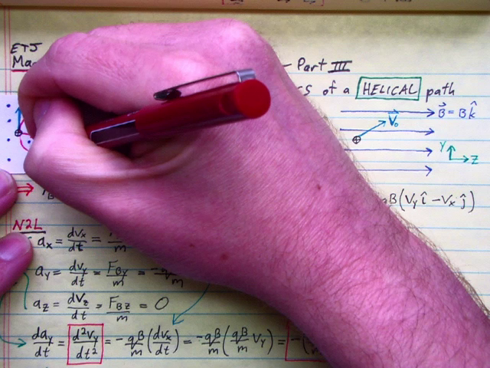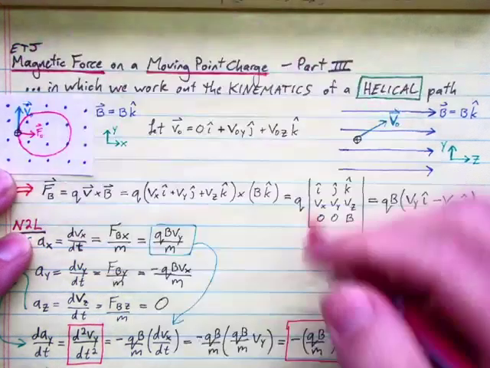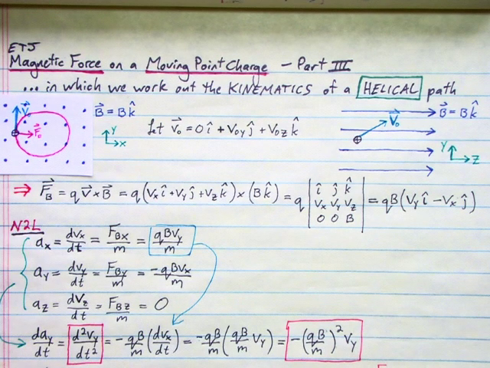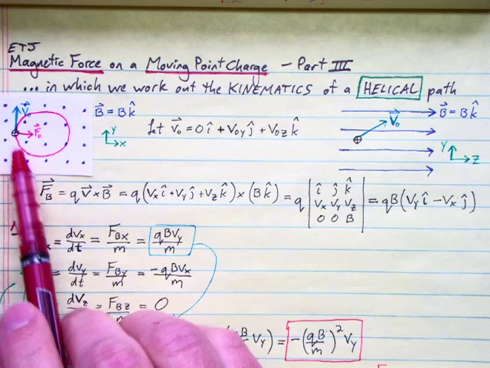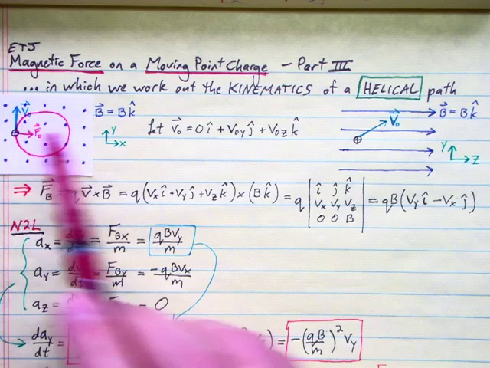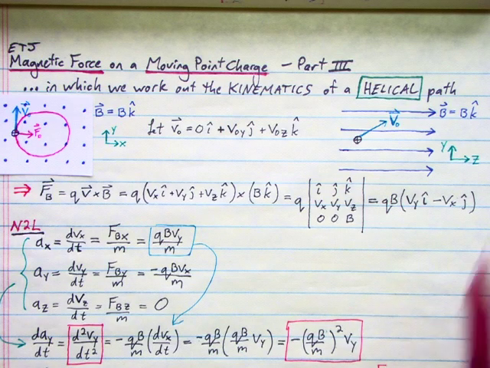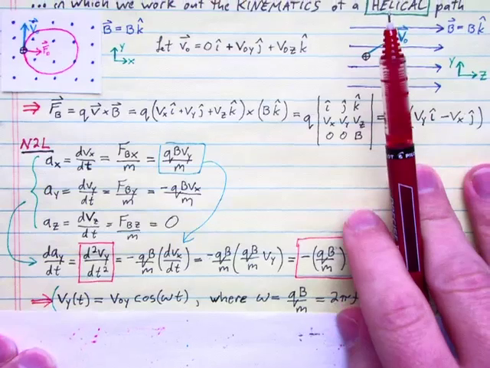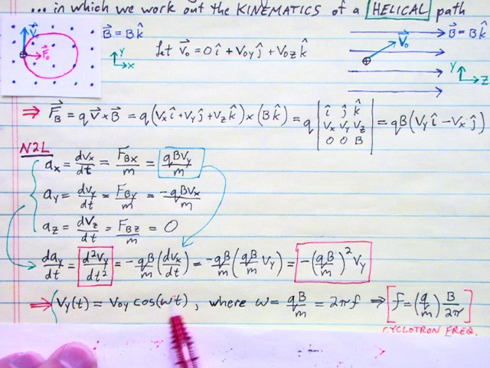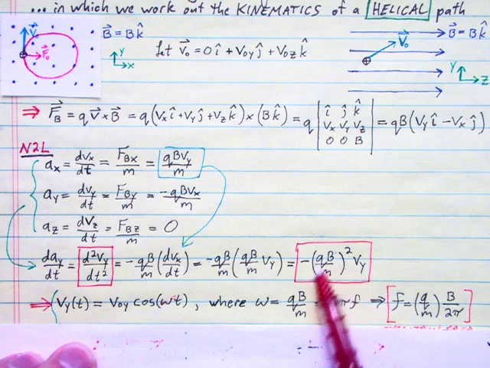There's our uniform circular motion here. Okay, so Vy is initially at its max value and will begin immediately to decrease. Therefore, we can conclude that Vy can be given as a cosine function, cosine omega t, where omega is given by this here, qB over m.